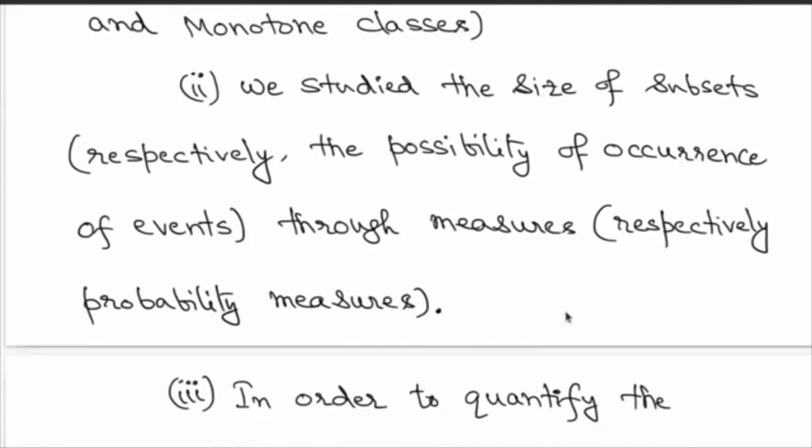Next, we studied the size of these subsets, or respectively the possibility of occurrence of these events through measures and respectively probability measures. So for size of subsets of our given non-empty set, we looked at their sizes through measures, and for possibility of occurrence of events in a random experiment, we looked at the corresponding probability measures.